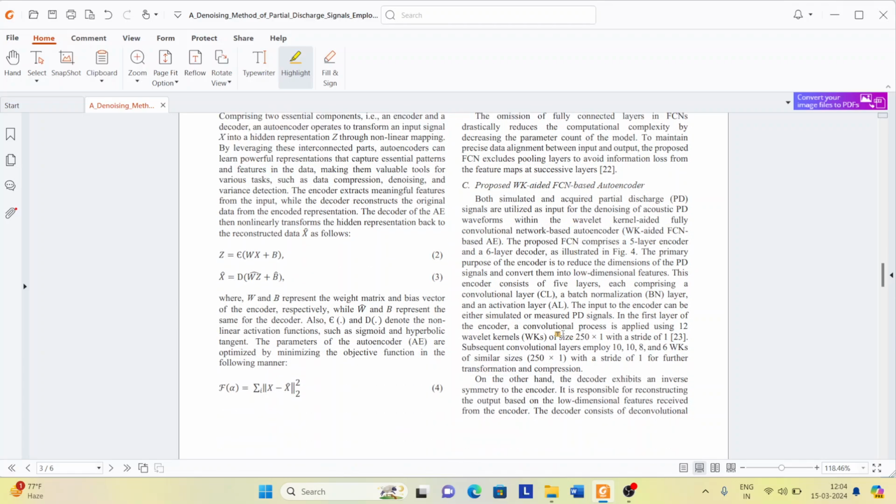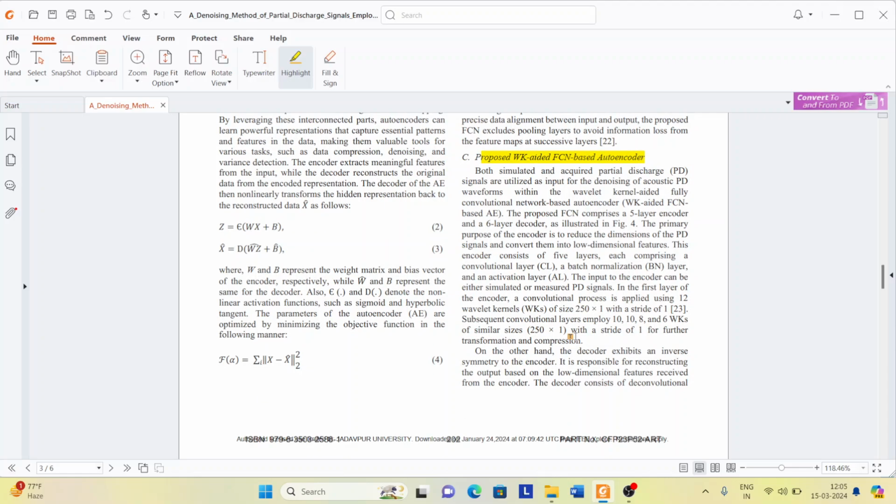This is our proposed wavelet kernel fully convolutional network based autoencoder. Already I have discussed the kernel method and deep learning. Kernel method is a class of algorithms that operates in a high dimensional feature space defined by the kernel function.